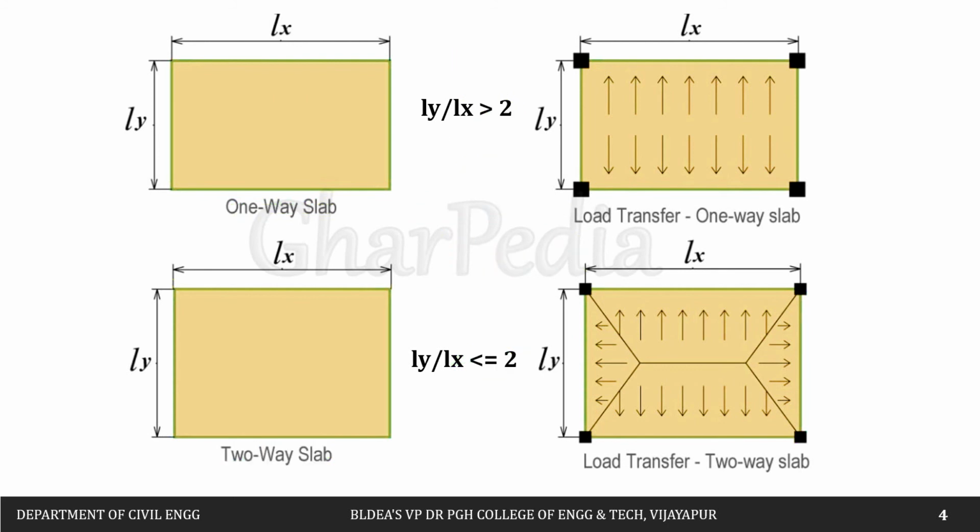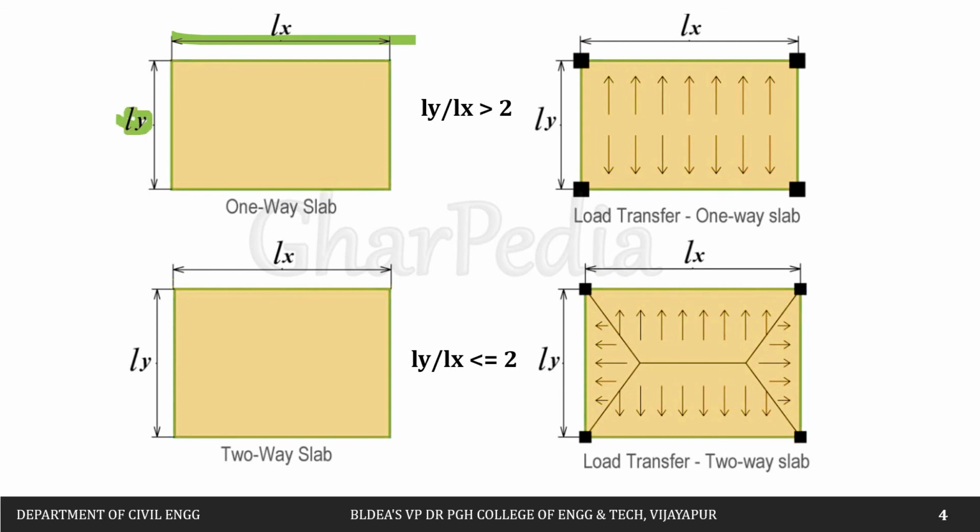Now let us study further how it is going to behave. Here we have columns on all four sides, supported by beams. If you see the behavior of a one-way slab, we have Lx and Ly.